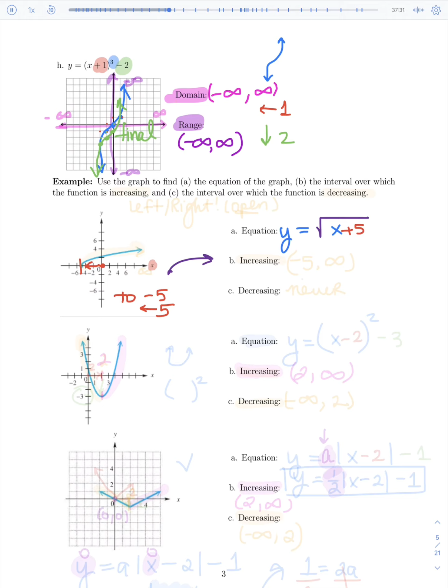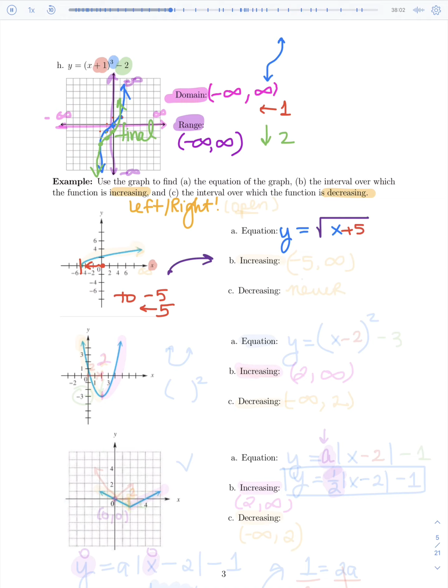Another thing that you guys talked about back in college algebra as a review is increasing or decreasing. When you're determining increasing and decreasing, you should be reading your graph from left to right. So when we're looking at increasing and decreasing, we're going to read our graphs from left to right, which means that we're going to look at x values like we do with the domain.